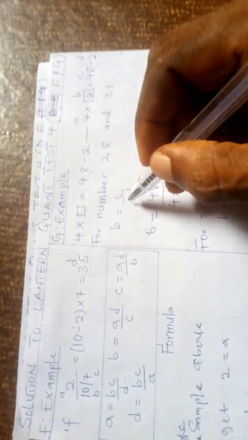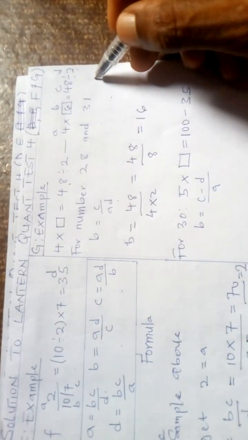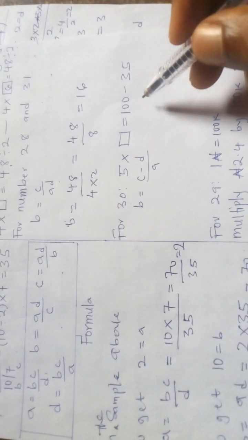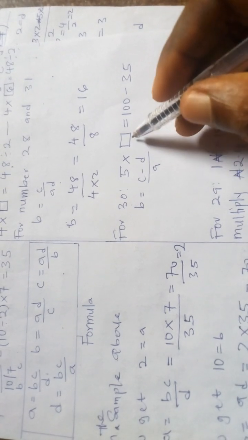So use this particular formula to answer number 28 and number 31. Going over to number 30, you are to get the missing number. That's the number in this box.